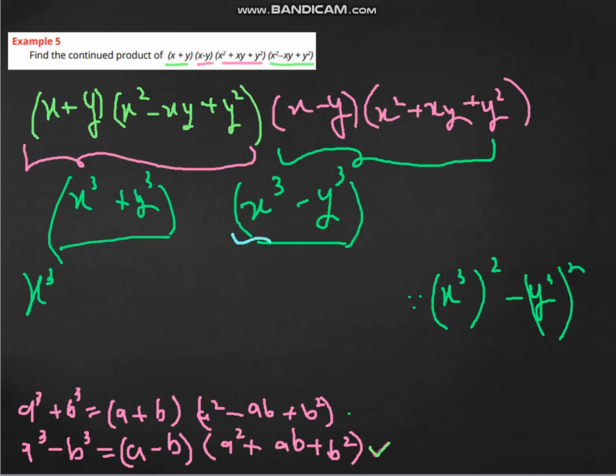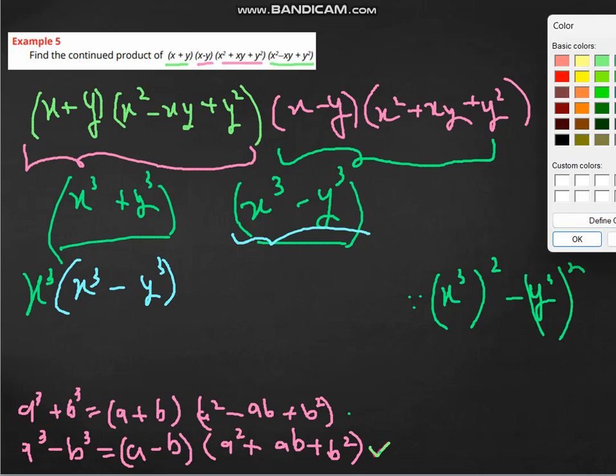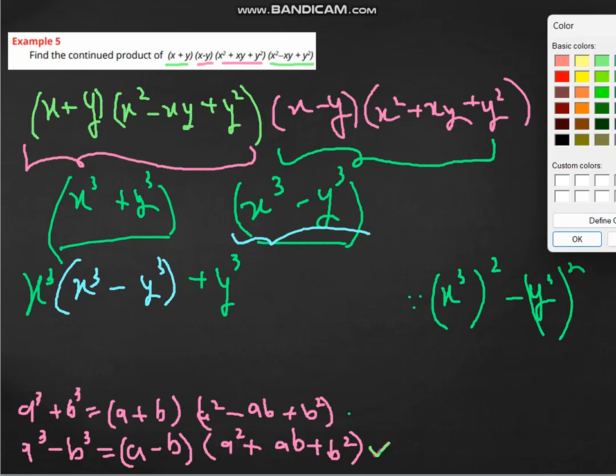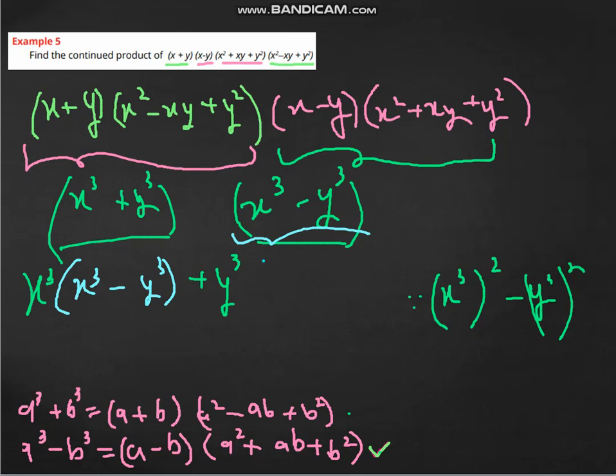So x cubed minus y cubed, and then we have plus y cubed times x cubed minus y cubed.